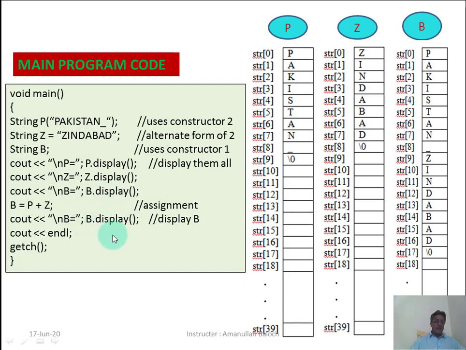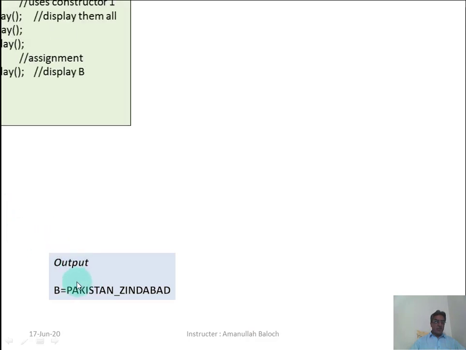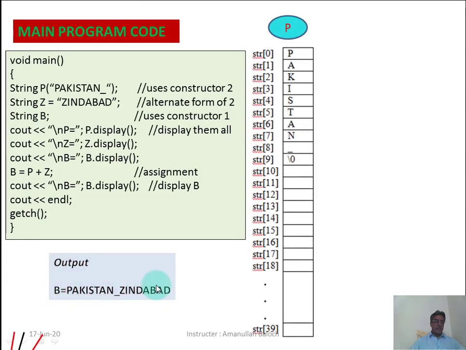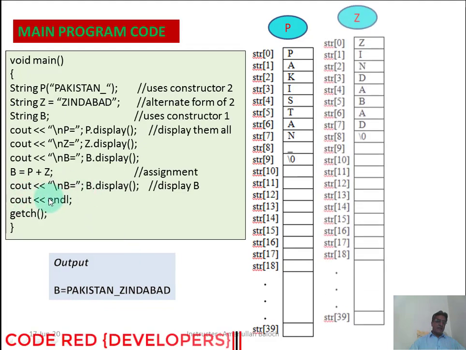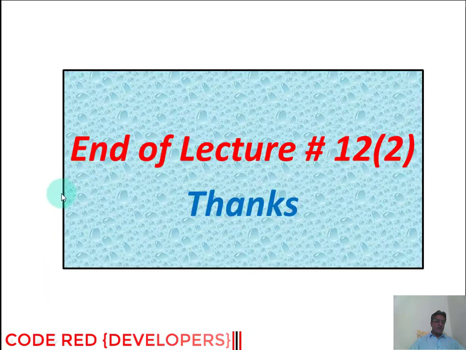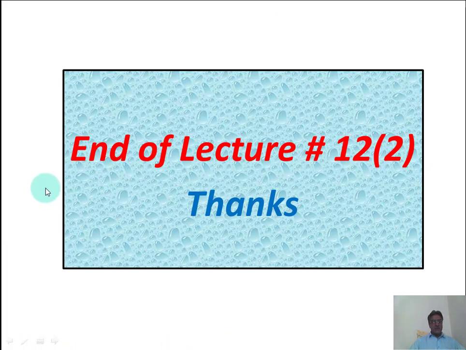It will be displayed here. B is equal to Pakistan Zindabad. The computer will display it. The output will look like this. Output is B is equal to Pakistan Zindabad, and this will be the end of it. The computer will transfer the control to the next location.